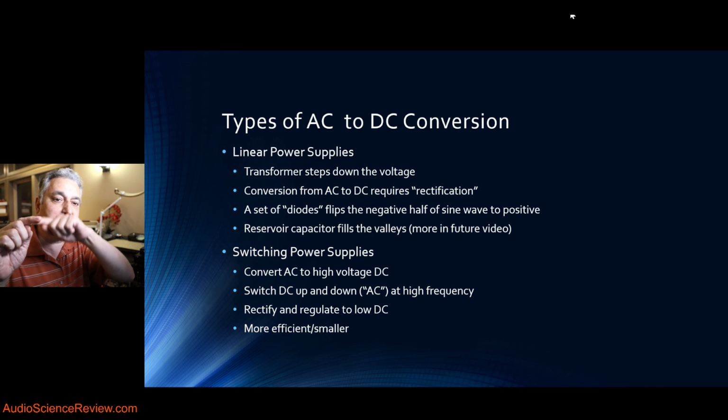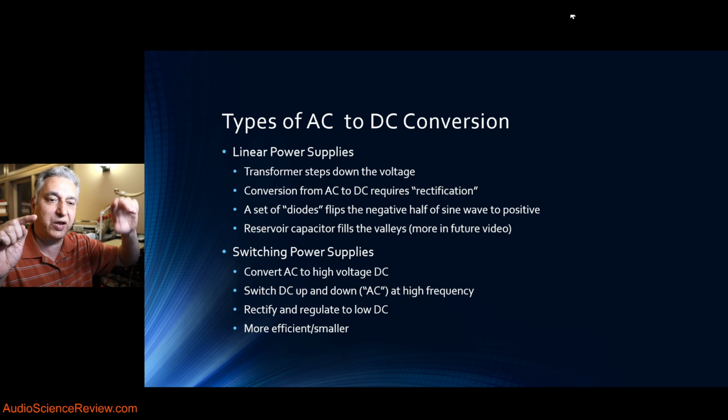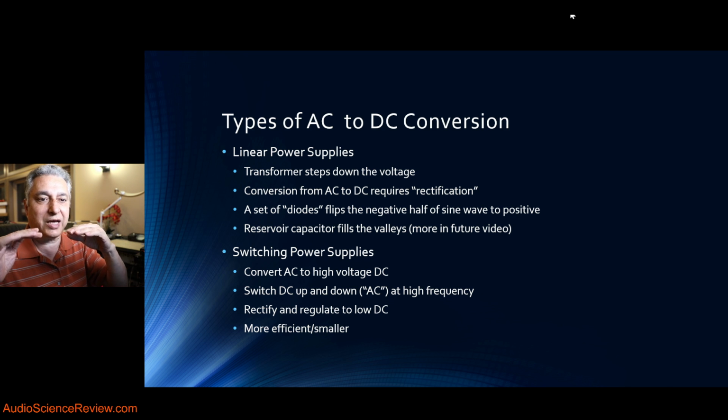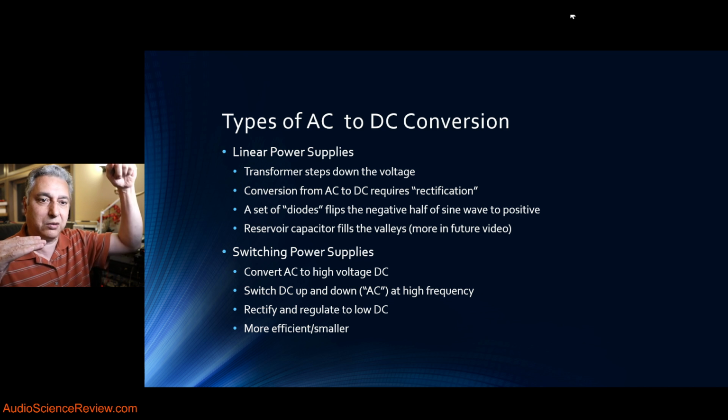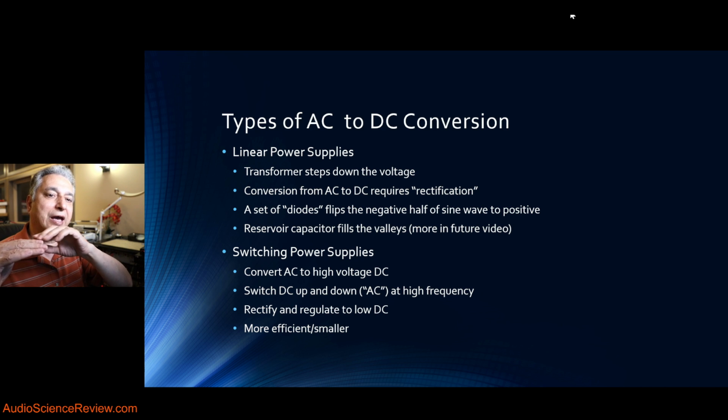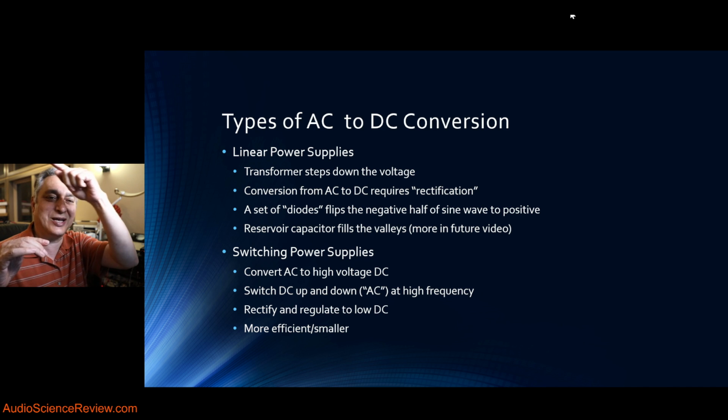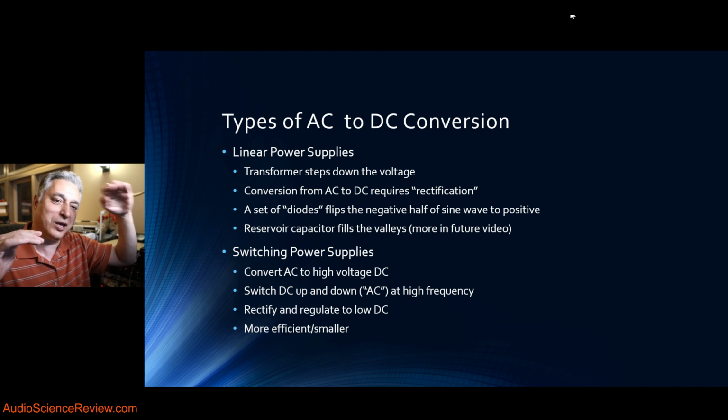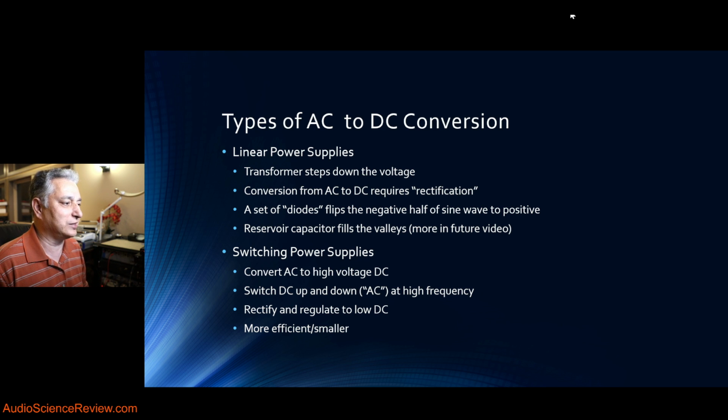What these diodes do, instead of having a sine wave that goes positive, negative, is flip the negative to the positive. So it goes positive, positive, positive. And then that's still not DC. That's still like a camel's hump. And so we use a capacitor, which I'll talk about in another video, to get rid of those valleys, and we get something approximate to DC.